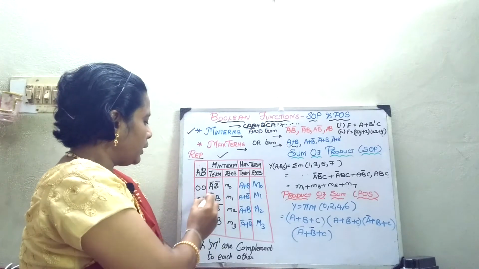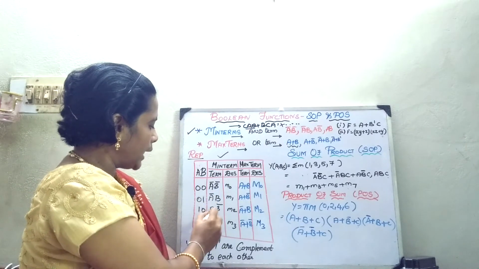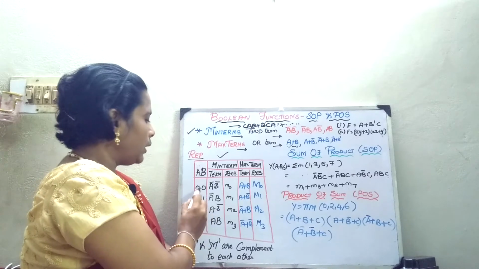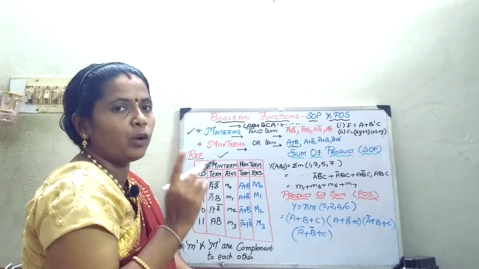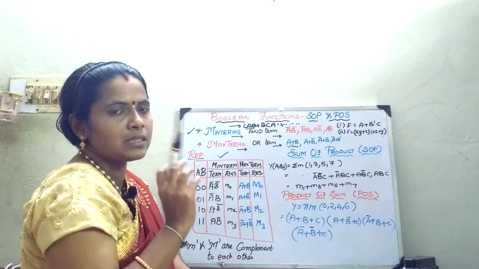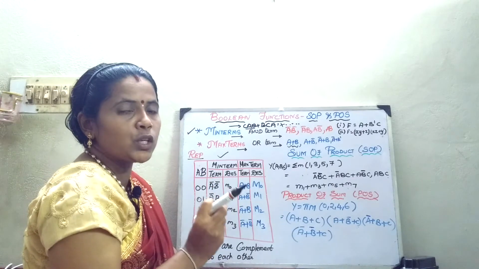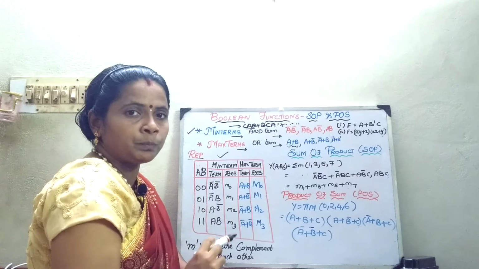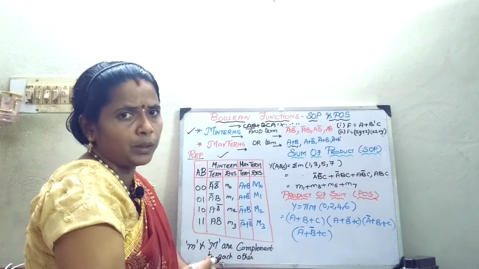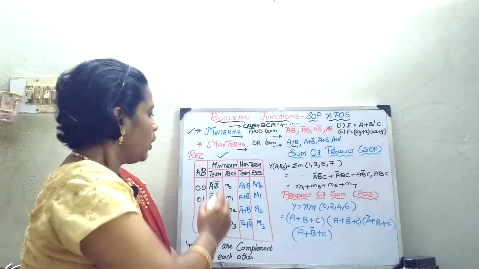Whatever terms are possible, I write AB four times. If I assign 0 as A bar and 1 in normal form as the variable as such, then it is called a min term, and vice versa is the max term. Okay, what is min term?